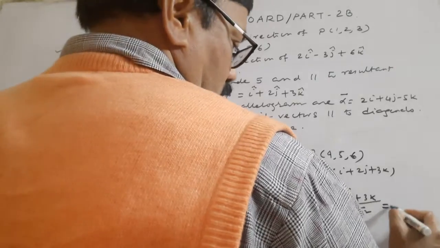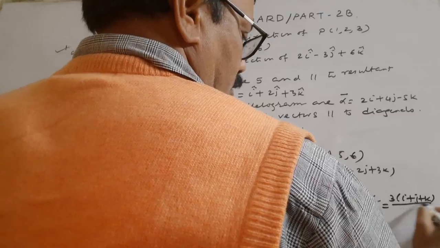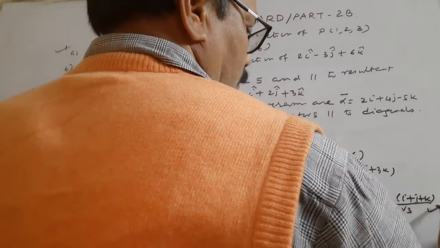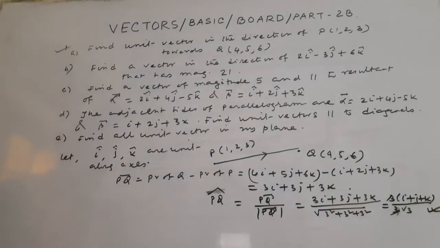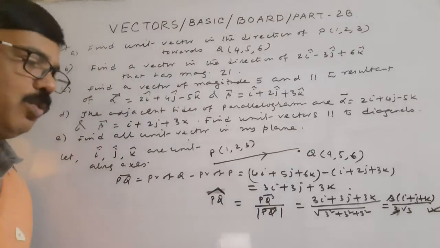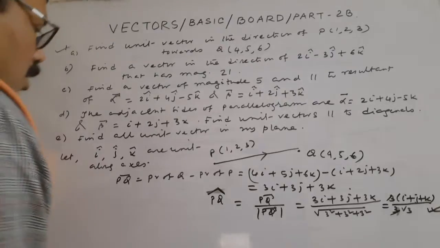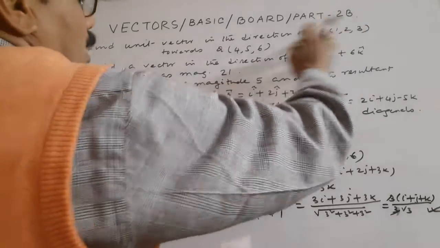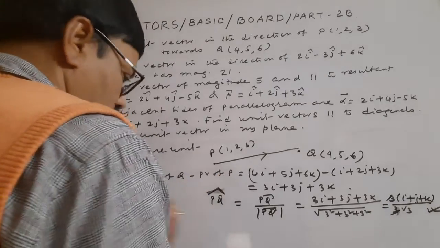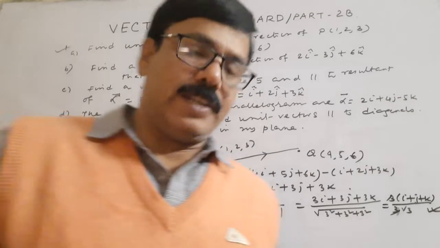So, this is 3 common, (i plus j plus k), and this is 3 root 3. So, 3 cancel. So, this is the unit vector from P to Q. So, look, coordinates are given. So, you can find PV of Q minus PV of P. So, find PQ, then PQ cap. So, divide PQ by its magnitude.